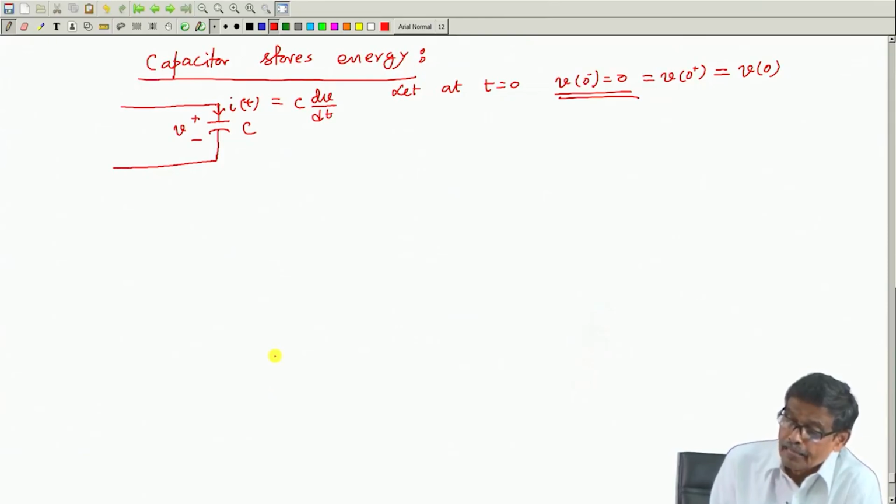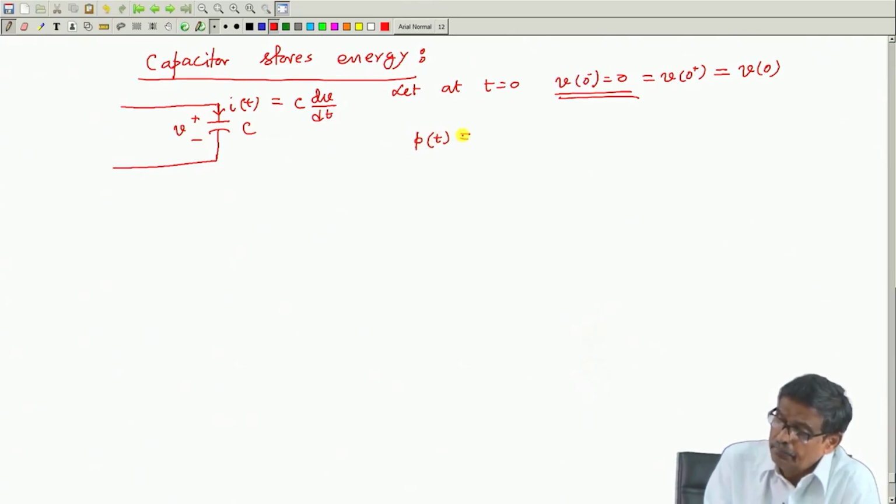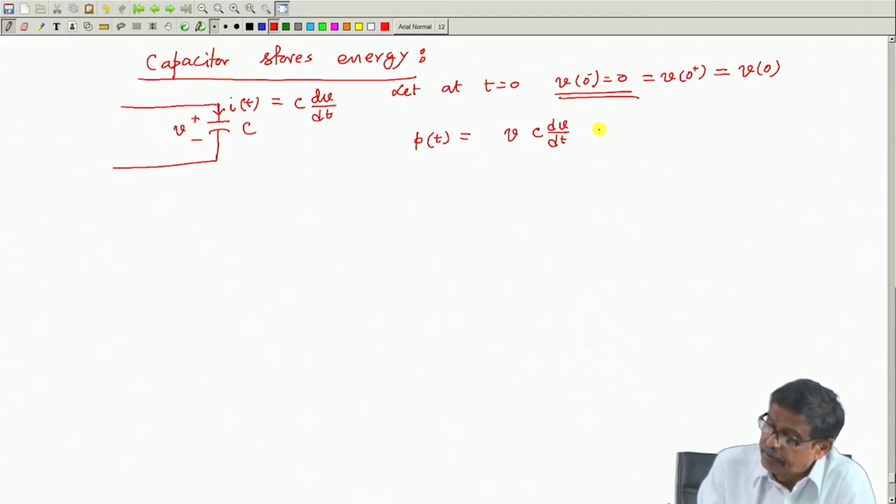Now, how to calculate the energy stored? So, instantaneous power at any time t will be the voltage across the plate of the capacitor into the current C dV/dt. This is the instantaneous power, and this becomes equal to C V dV/dt.